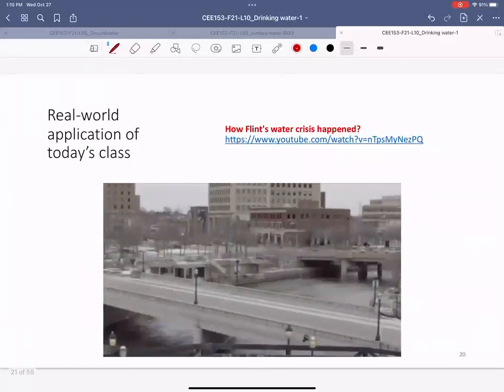One real world example, I don't know whether I have made you watch this movie or not, is the Flint water crisis. People in Flint, Michigan were drinking water contaminated with lead. That's because they switched the water source from Lake Michigan to a river with very corrosive water.